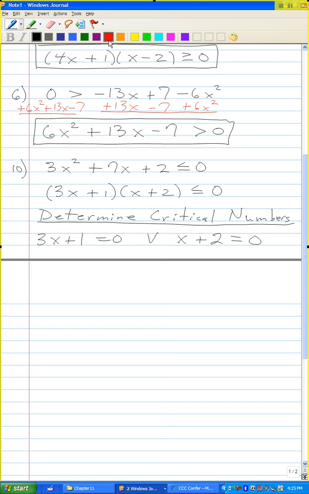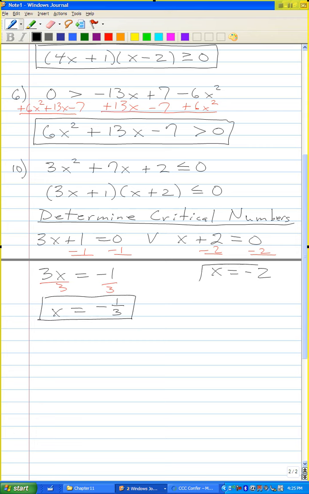So subtract 1, subtract 2 from both sides. So 3x is equal to negative 1, x is equal to negative 2, divide by 3, and so I have x is equal to negative 1 over 3. So I have two critical numbers: x is negative 2, x is negative 1 over 3.